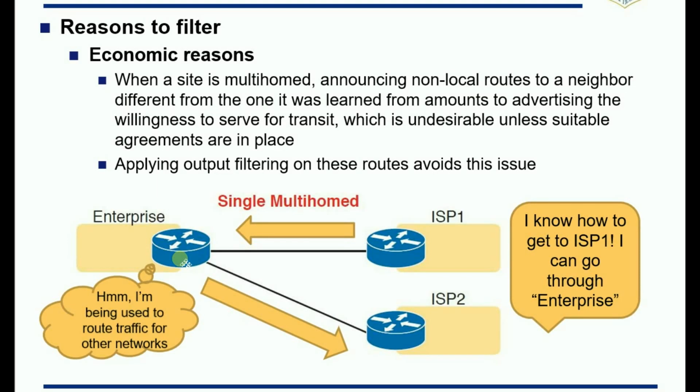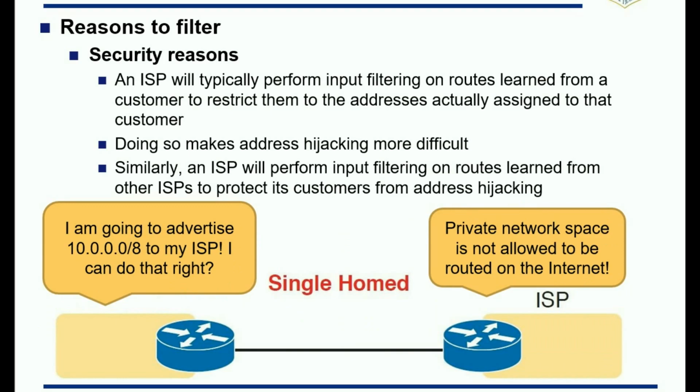That is not a good idea, because now you, as just a campus or enterprise network, will have internet traffic flowing through your router to another ISP network. That's not good, so you would want to filter the ISP routes he's sending you so they're not advertised out to ISP2.